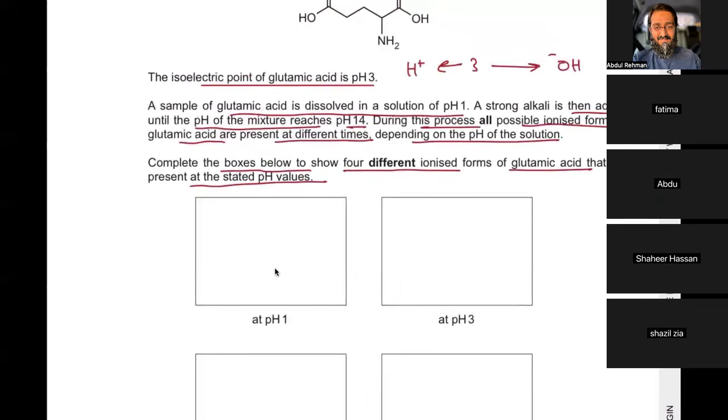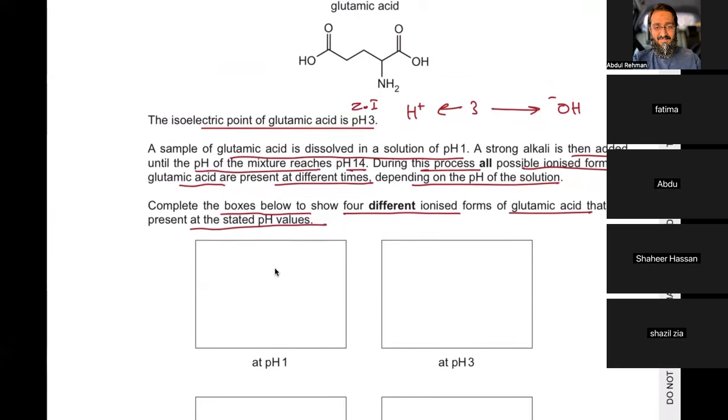If you see, at pH 3 it is going to act as a zwitterion, so this is going to be turned into NH3 positive. At pH 1 we have excess hydrogen ions, right?